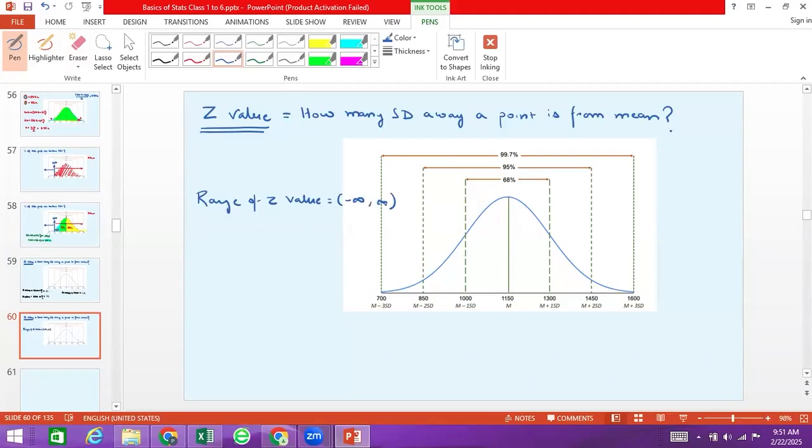But most of the time, as you can see, it will vary from minus 3 to 3. Practically, it will be from minus 3 to 3.